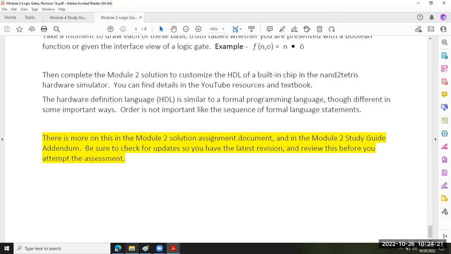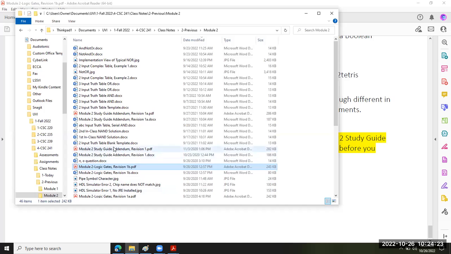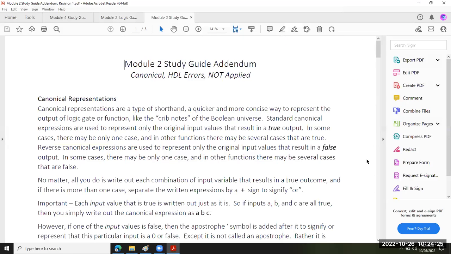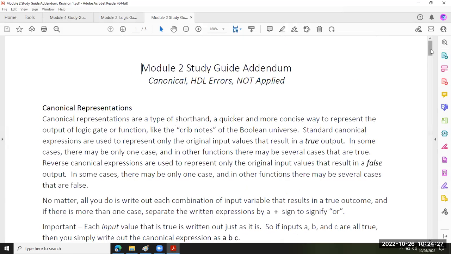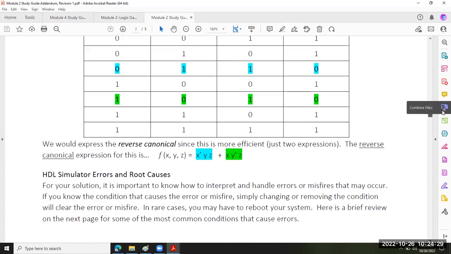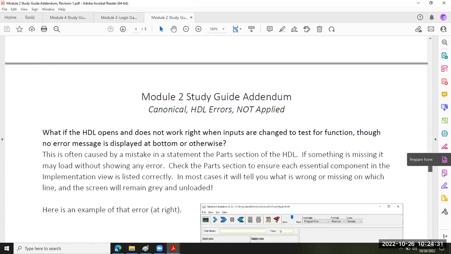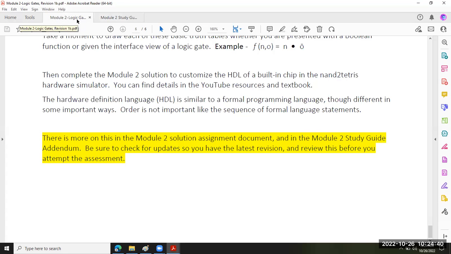where is that? Addendum. The casino. Where's the casino example? Was that in module 4? I think it was module 3. I don't think it was module 3 too.